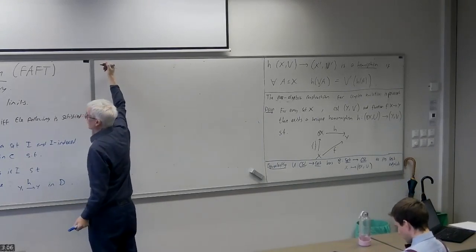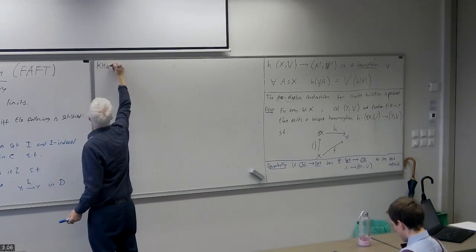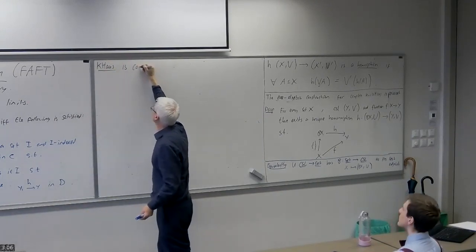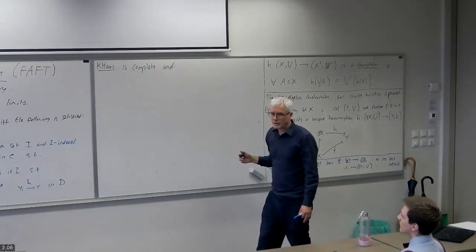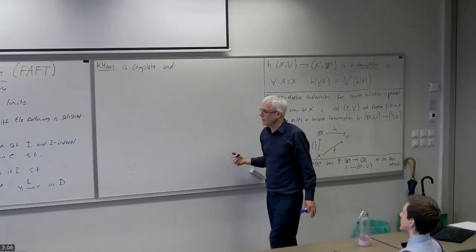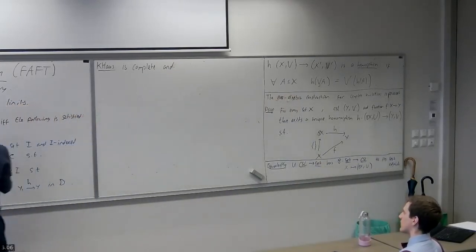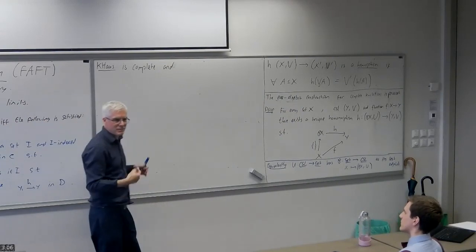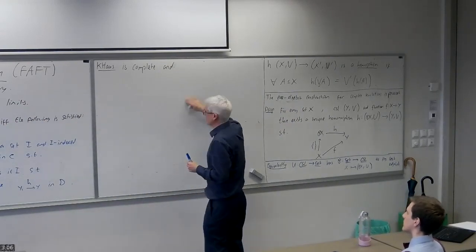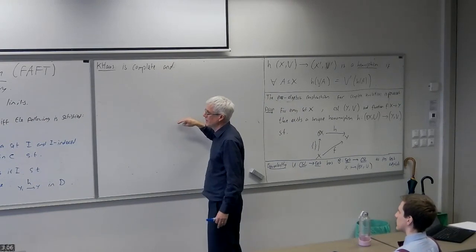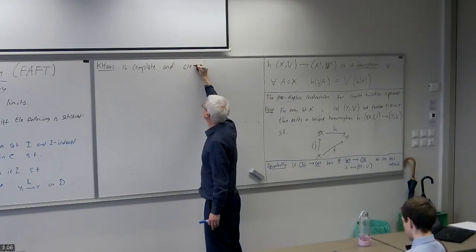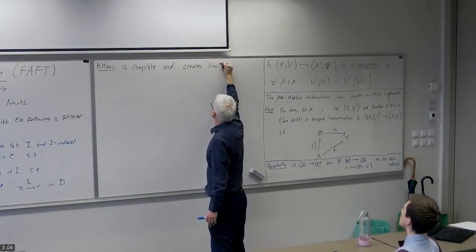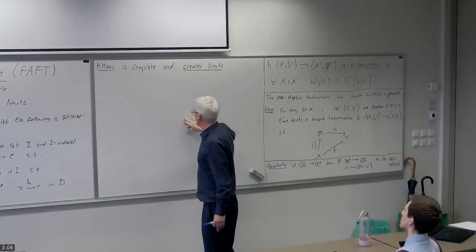So what we're going to prove is that compact Hausdorff spaces is complete, and in fact, rather than proving that the forgetful functor preserves limits, I'm going to prove that it does something even stronger, given that the category of sets is complete, it creates limits, which there's a definition in the notes.